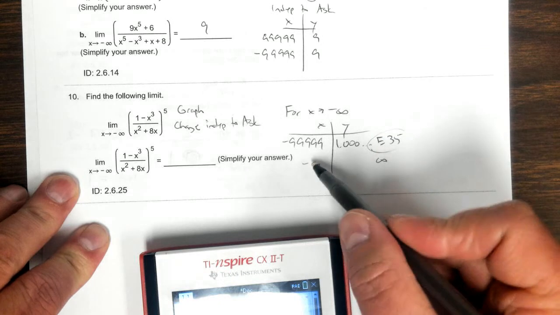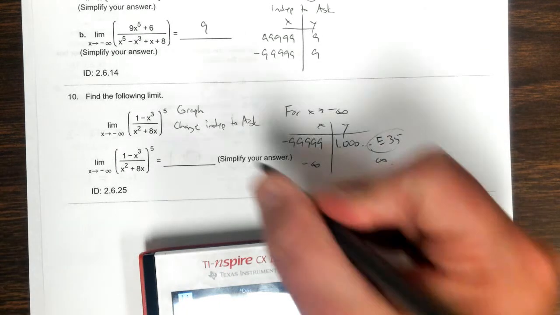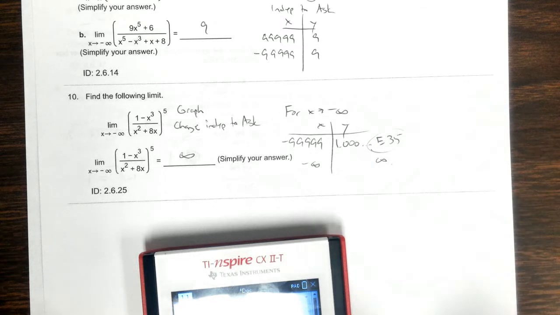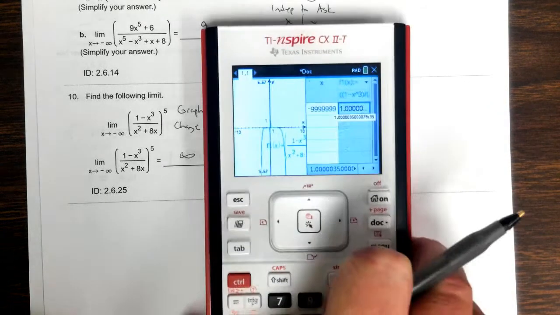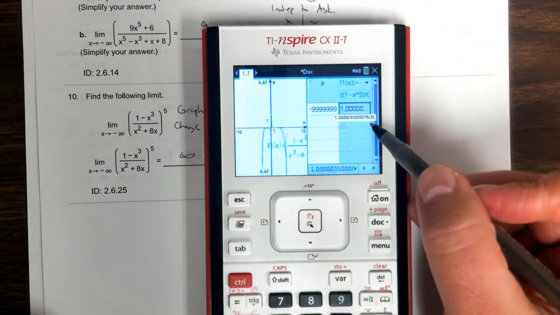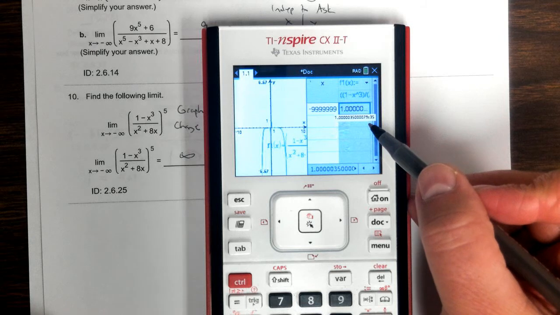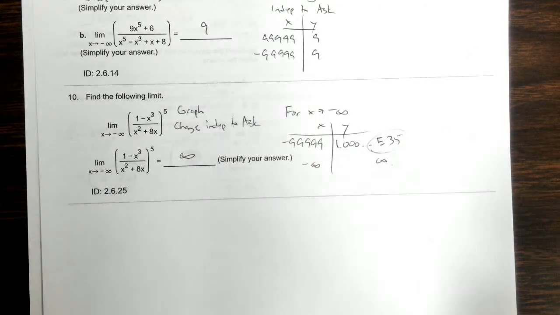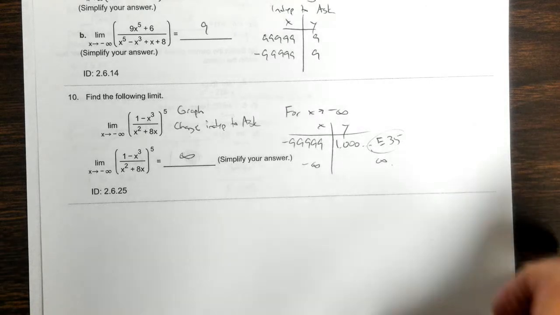So it's like negative infinity comma infinity. So it's not just 1. Again, there's the capital E to the positive 35. So that means infinity.